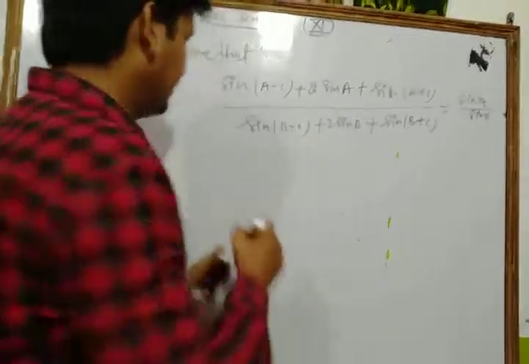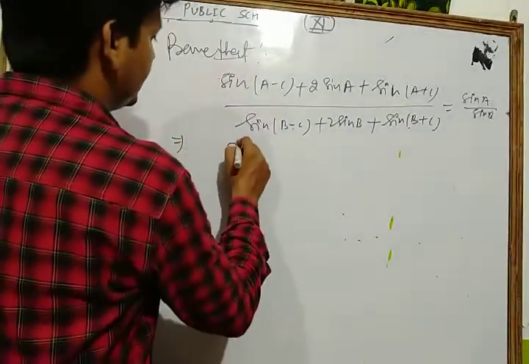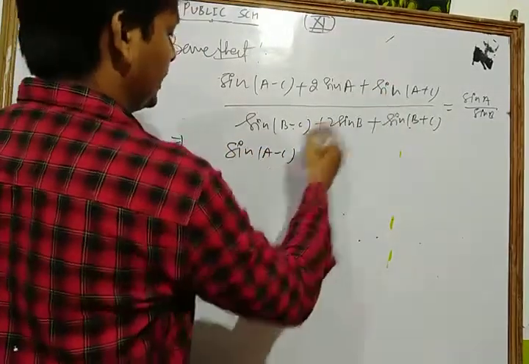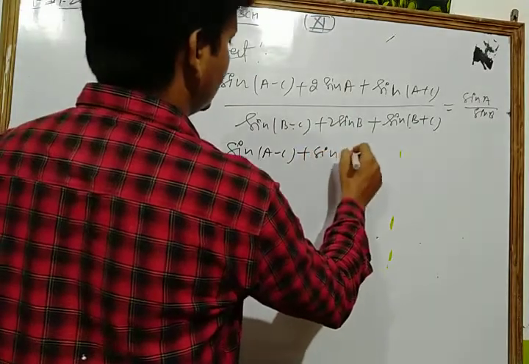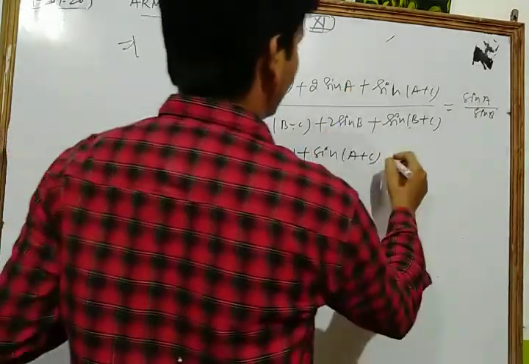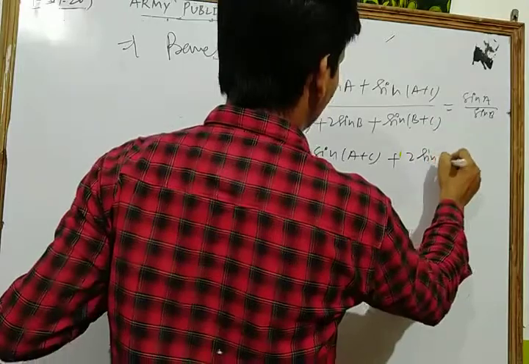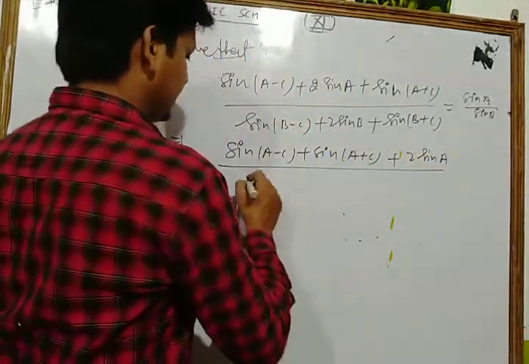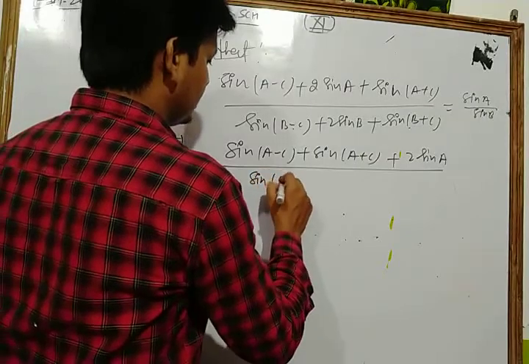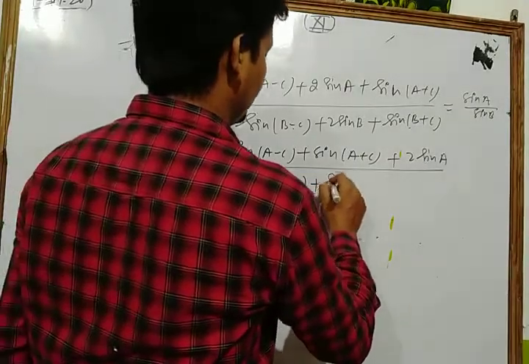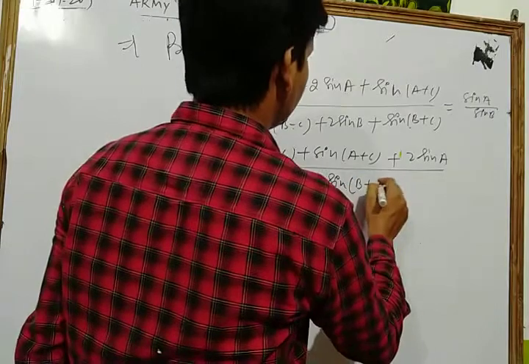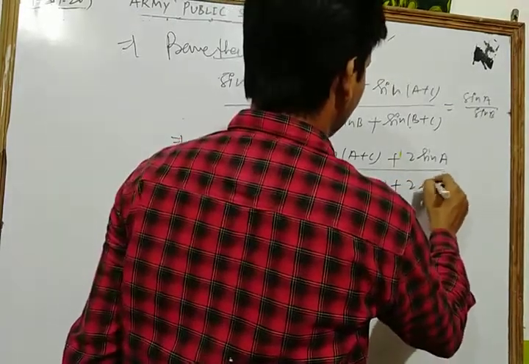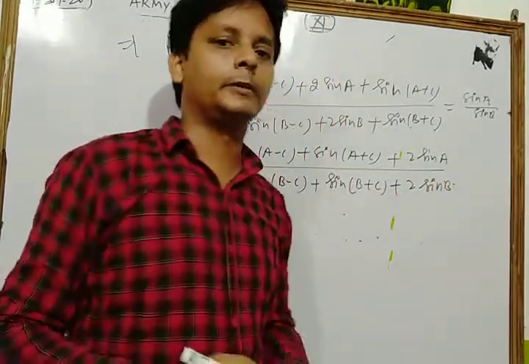First we arrange it this way, sin(a minus c) plus sin(a plus c), and we write 2 sin a separately, plus we arrange those two parts, sin(b minus c) plus sin(b plus c), and we write 2 sin b separately.